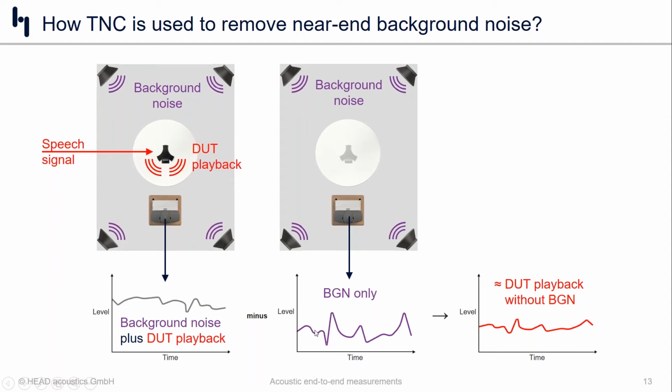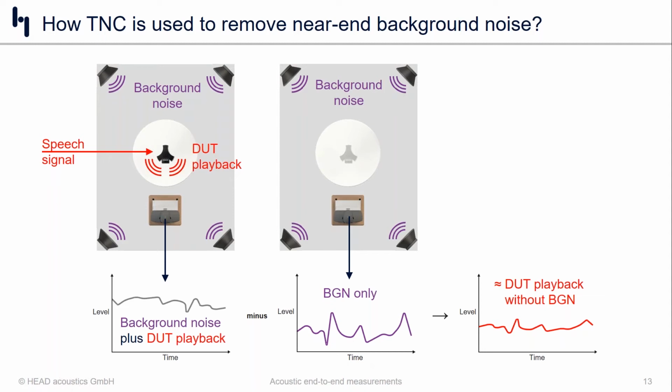And this is where the synchronization becomes hugely important, because what we're doing is we're capturing level versus time traces, right? We're working in the time domain, and TNC is essentially a time domain subtraction.